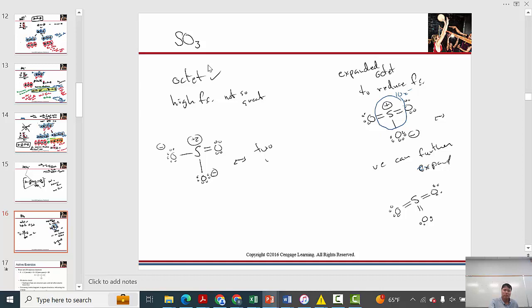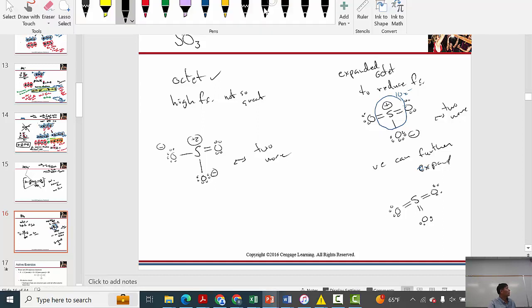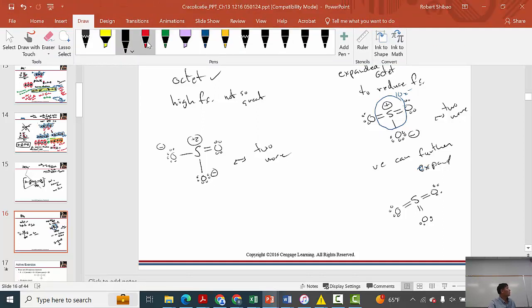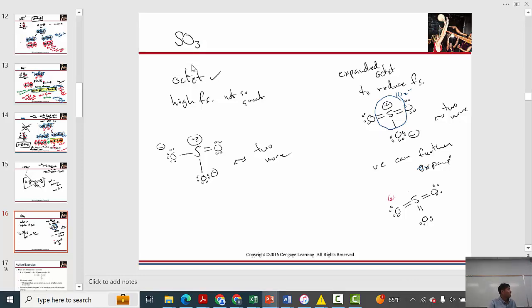There's only one. Both of these will have 2 more. This is only 1. But what are the formal charges in this structure here? All 0. But the octet gets screwed up.